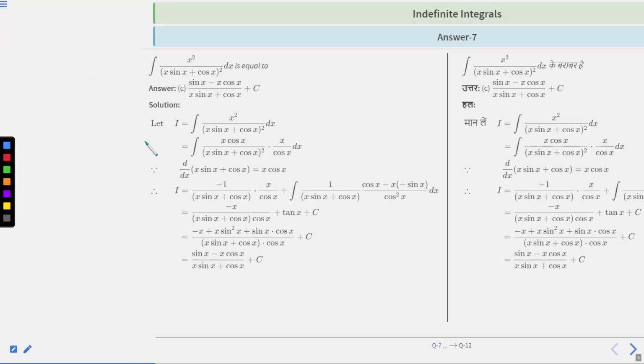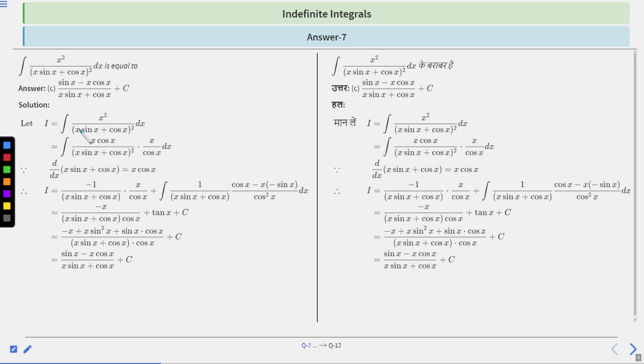Okay, so let I be equal to integration of x square upon (x sin x plus cos x) whole square dx. Therefore, it is equal to integration of x cos x upon (x sin x plus cos x) whole square into x upon cos x dx. See what we have done: we multiplied with cos x and divided with cos x as we discussed, and we keep x and x separately.